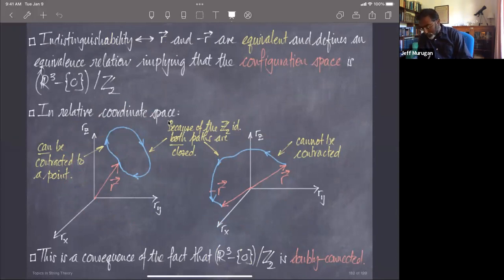In fact, they lie in different equivalence classes because the configuration space is a doubly connected space. And by doubly connected, we mean in particular R3 less the origin.